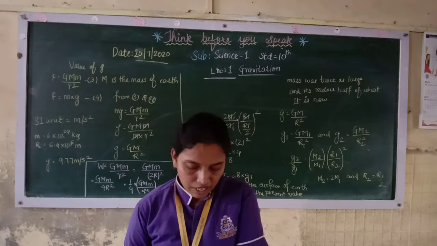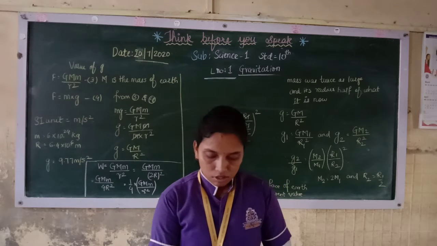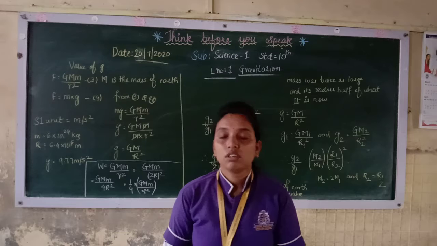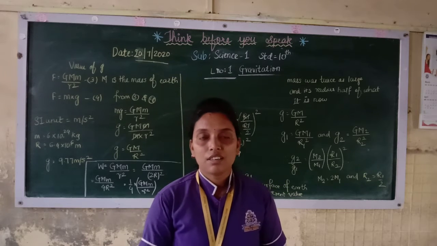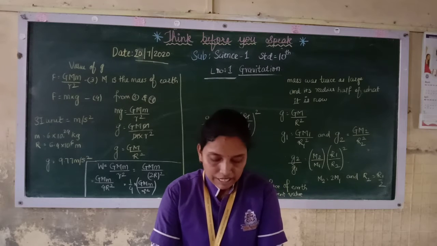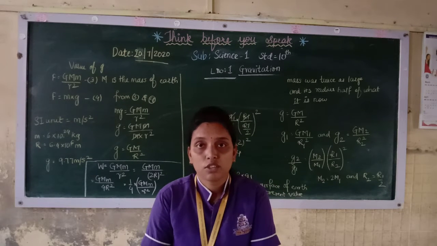Earth's gravitational acceleration. Now, Earth exerts a gravitational force on objects near it. This we know, that Earth tries to attract objects towards itself. According to Newton's second law of motion, a force acting on a body results in its acceleration.